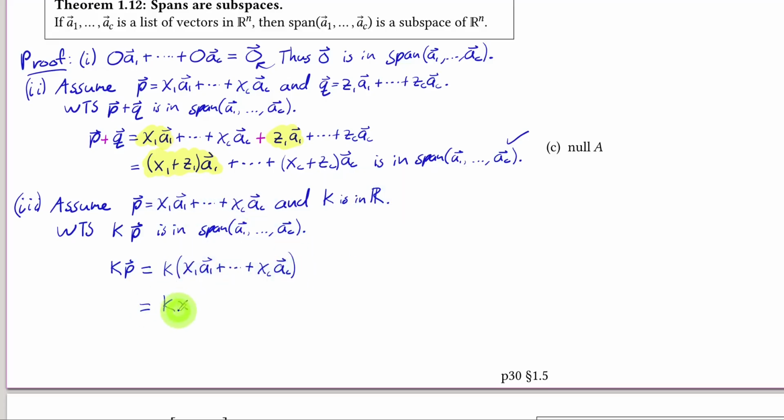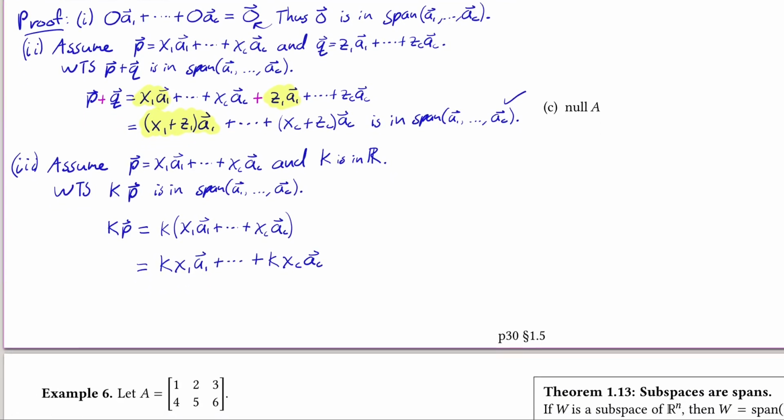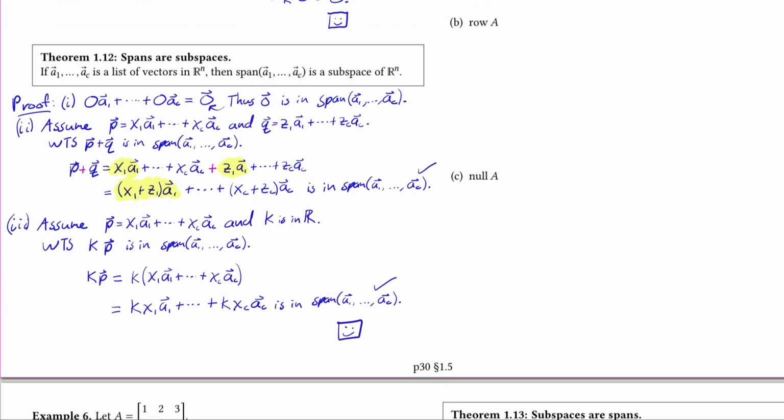And when you just factor the K in, yeah, it's just another linear combination of the A vectors. It's just that all the coefficients are now K times bigger, but it's still a linear combination of the A vectors. And so we've proven that all 3 of the conditions are met. Cool beans.